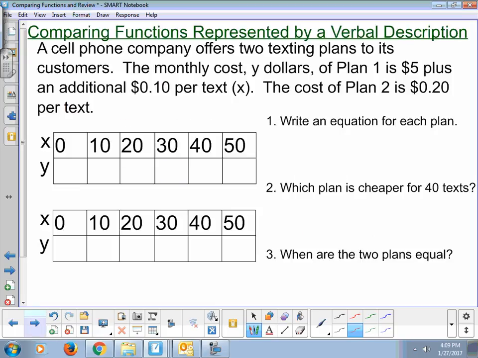For the next 2 questions, we're going to be comparing functions represented by a verbal description. A cell phone company offers 2 texting plans to its customers. The monthly cost $Y of plan 1 is $5 plus an additional 10 cents per text message.